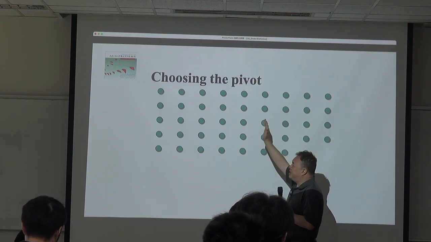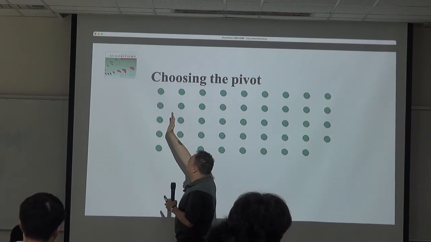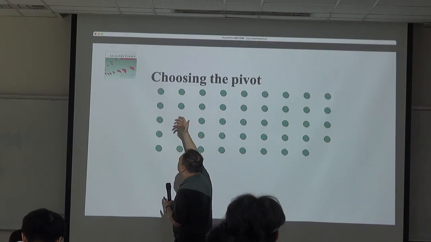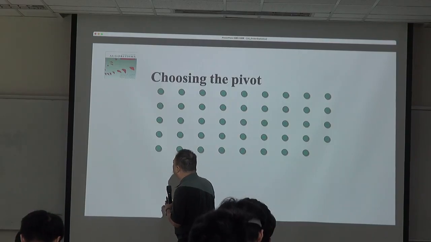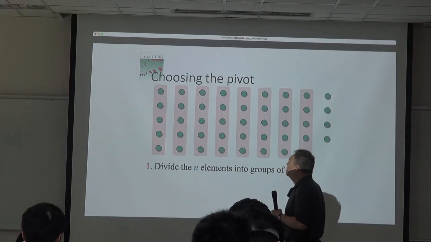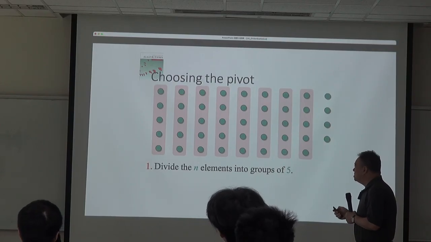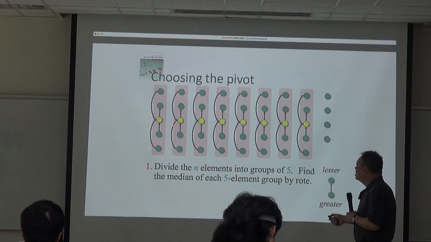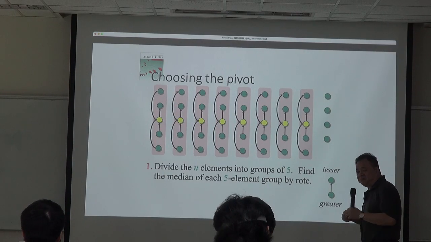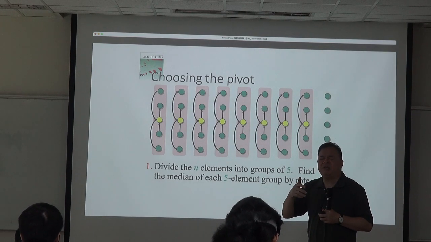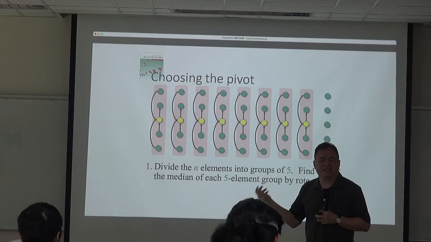Then we go over each group and try to find the median of these 5 numbers. So divide n elements into groups of 5, like this, and in each group, we find the median. In reality, you are not doing sorting. You could, but it's not necessary.